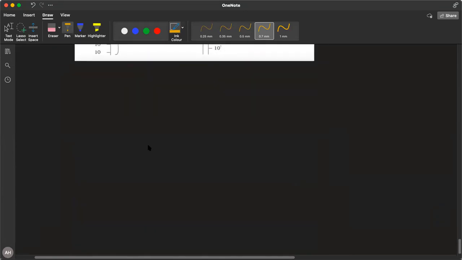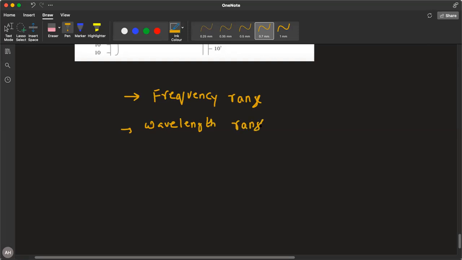From this electromagnetic spectrum, you have to remember four things. First, frequency range. Second, wavelength range. Third, uses of EM waves.